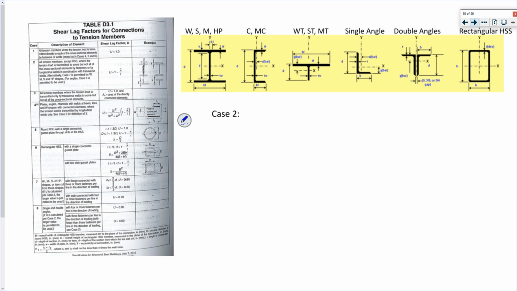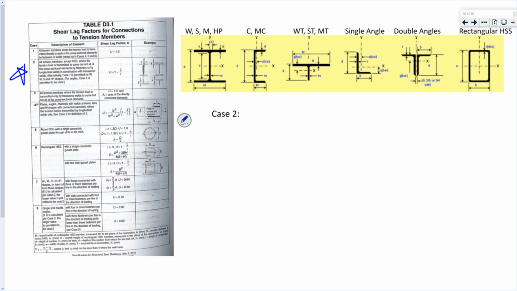So, case 2. We're looking at this case. All tension members except HSS, so except hollow steel sections, where the tension load is transmitted by some but not all of the cross-sectional elements, by fasteners or by longitudinal welds in combination, or by longitudinal welds in combination with transverse welds.